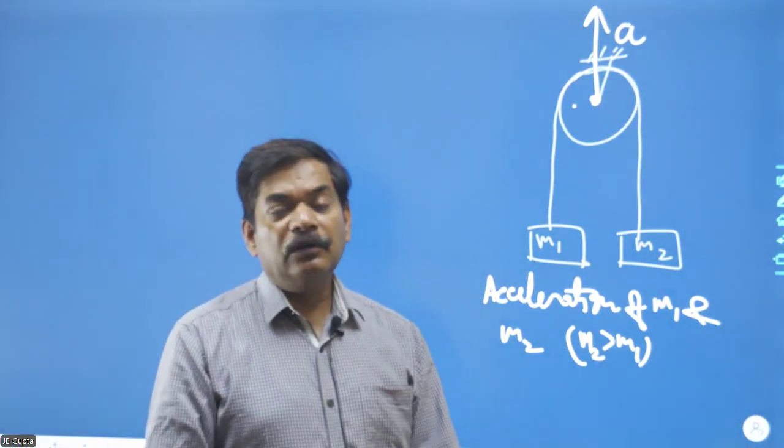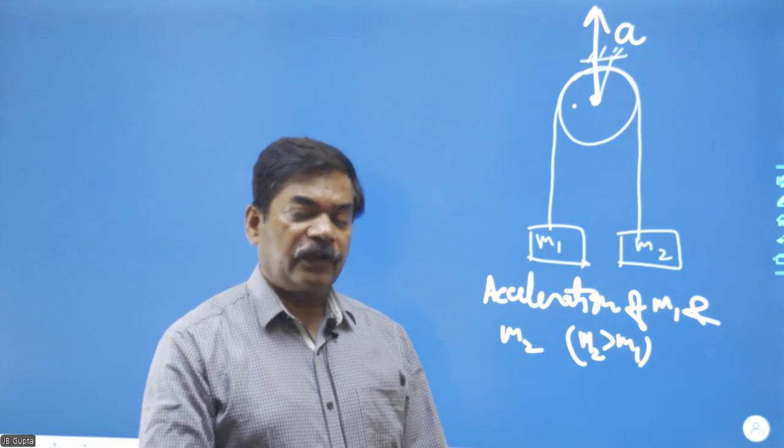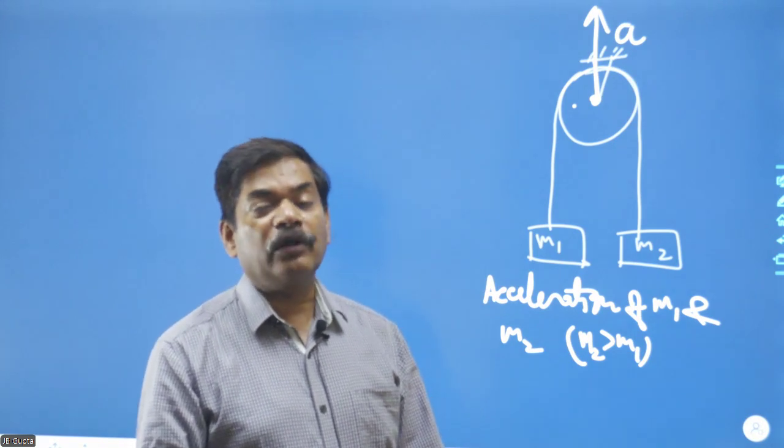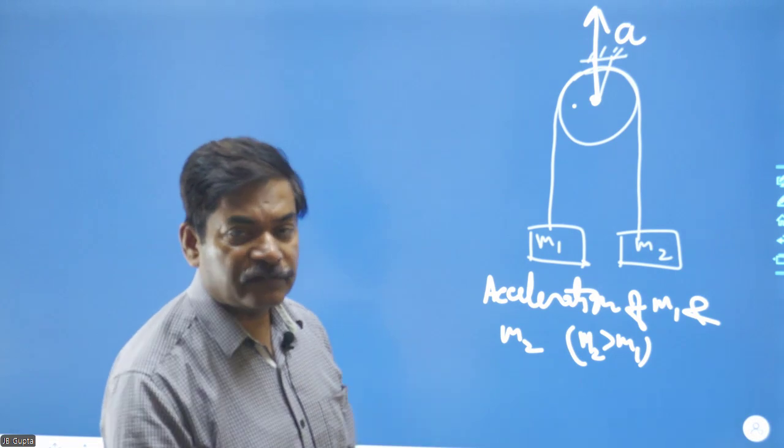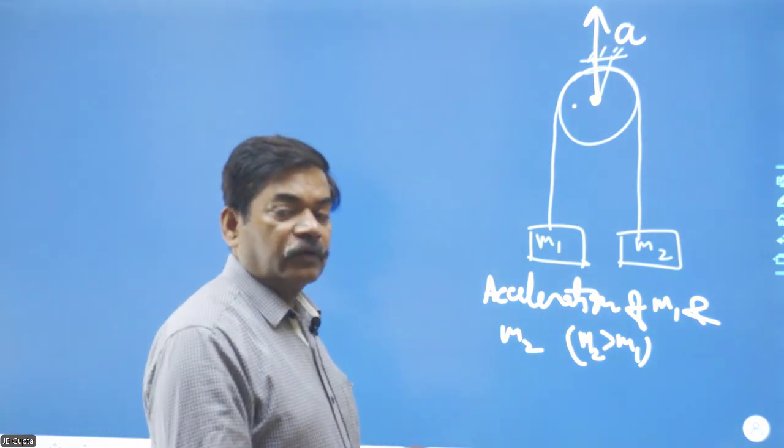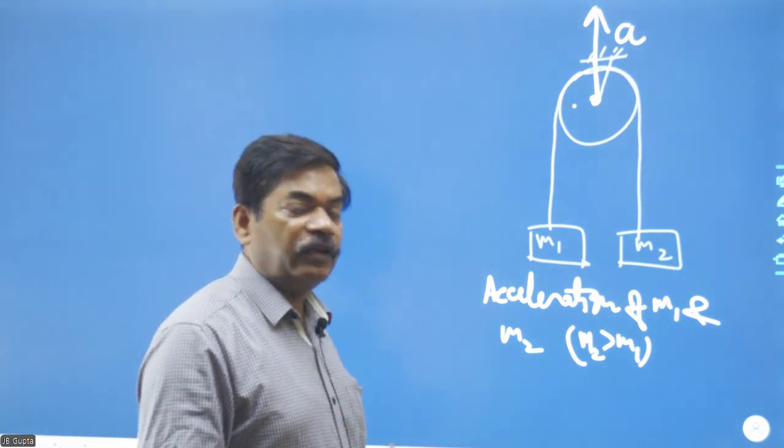इसका मतलब ये हुआ पुली के रिलेटिव acceleration of M1 and M2 will be the same. Let's say it is A0.